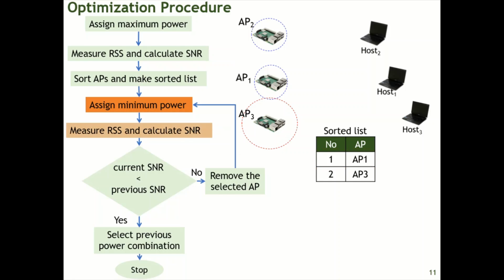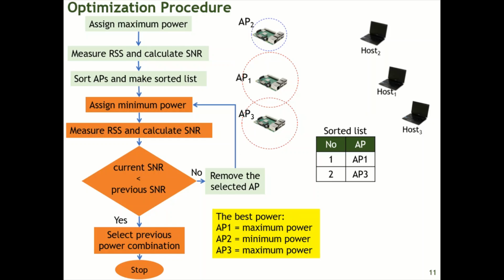And then we measure again the RSS and calculate the SNR. And then we check if the current SNR is smaller than the previous one. Then we select the previous power combination and stop. In this case, the best power for AP1 and AP3 is maximum power, while AP2 is minimum power.